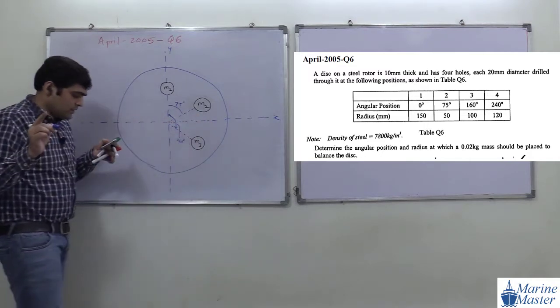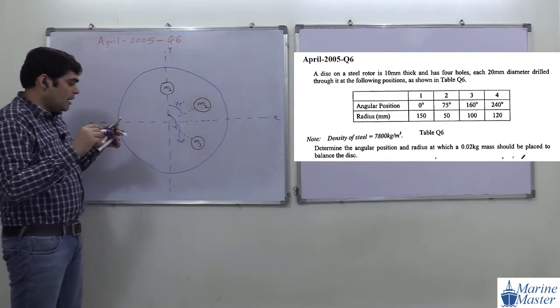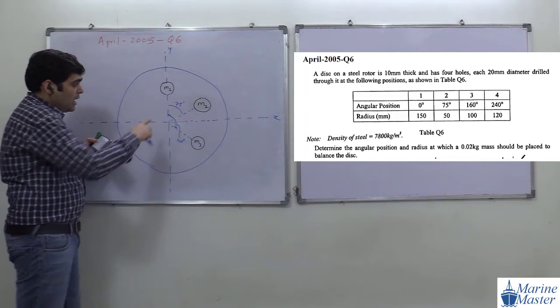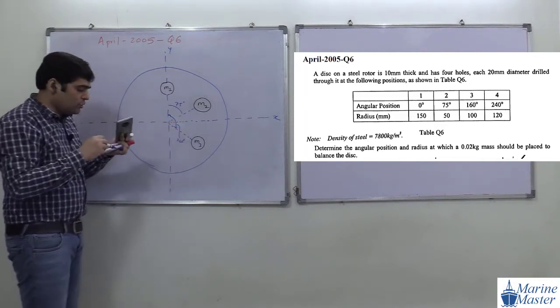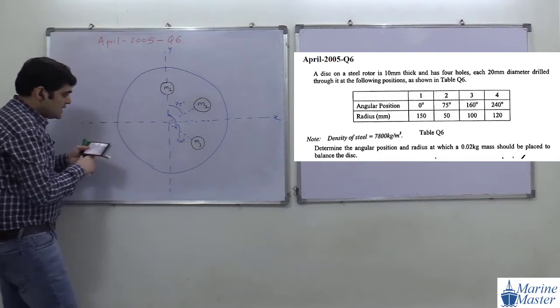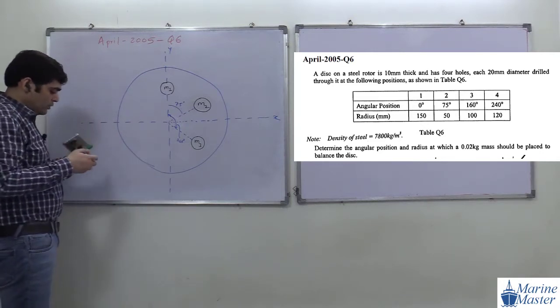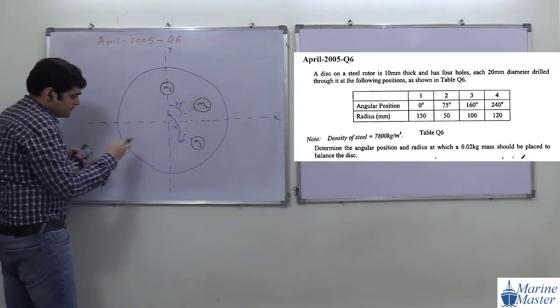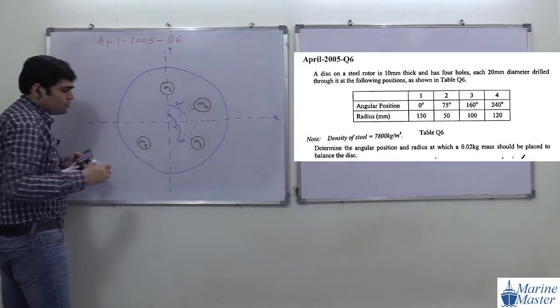Okay guys? Okay. After 160 degrees, there is a fourth hole at 240 degrees. So up to here 90, up to here 180, up to here 270. So where will the fourth hole be? At this location between 180 and 270. So 240 is approximately at this location. So this is the location of the fourth hole.